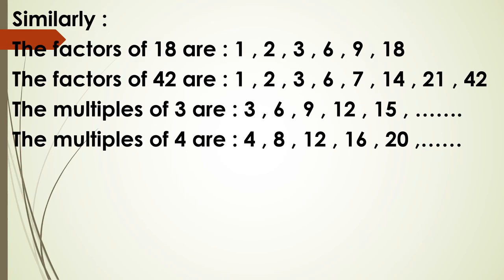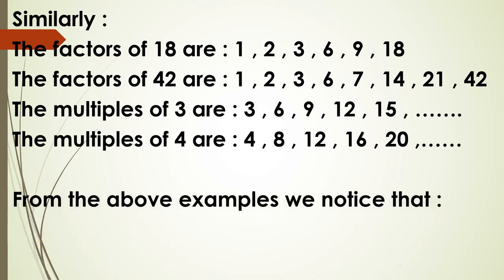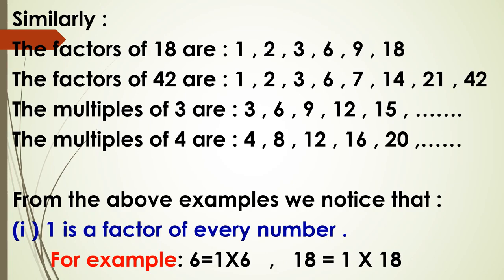Why have I given these examples? Because from the above examples, we notice first that 1 is a factor of every number. You can find the factors of any number, you can check, and you will see that 1 is a factor of every number.